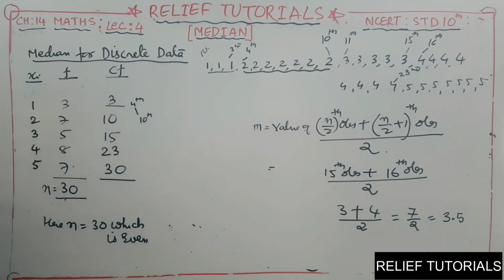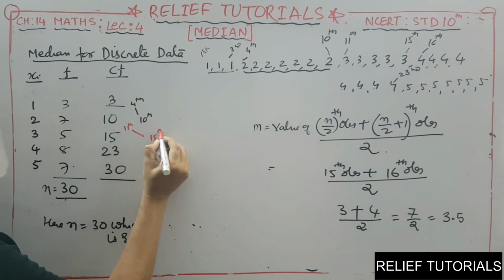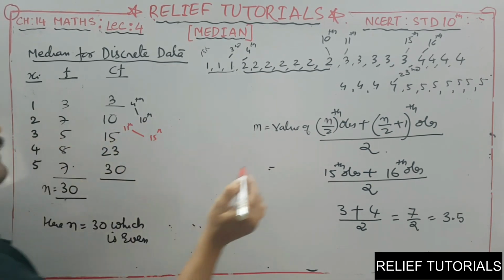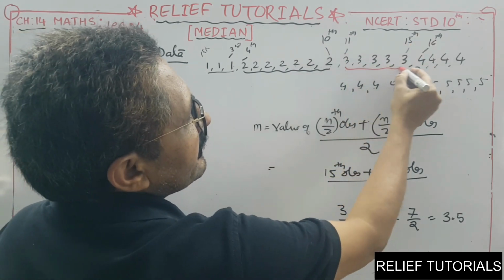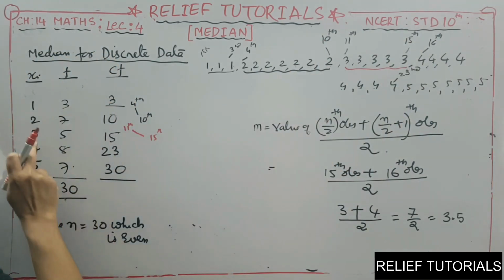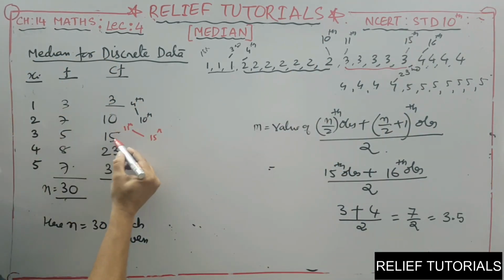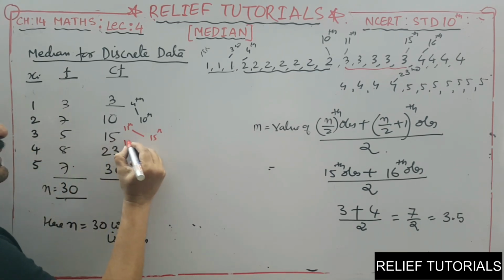Now after 10 comes 11. From the 11th observation to the 15th observation it is 3. Now 4 is from, after 15, what will you get? 16.